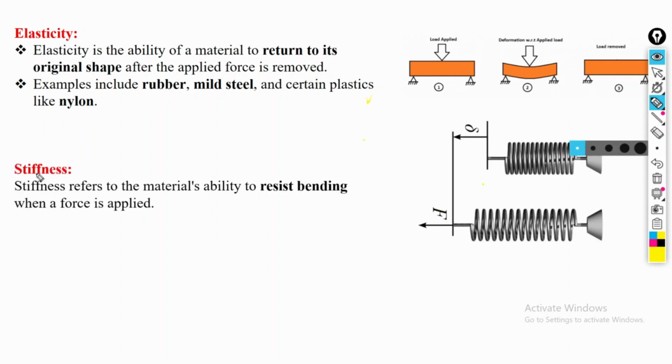Stiffness is the ability of the material to resist bending when the force is applied. So if we apply the external force on the material, it resists bending; it does not want to change its shape. This property of the material is called the stiffness of the solid material.